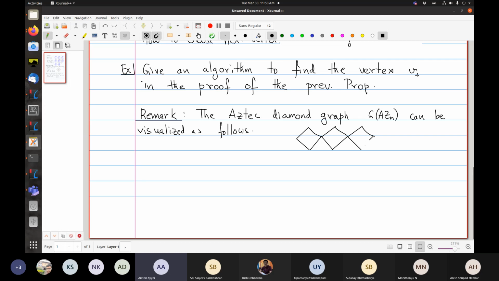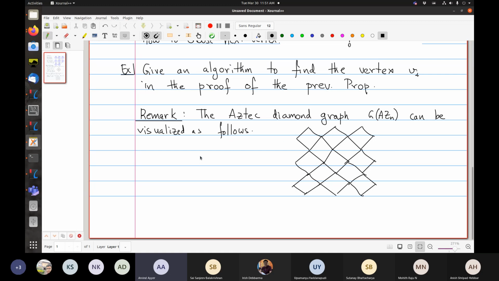Okay, not very good. Try straight lines, but you get the idea. So you draw n of these diamonds in each direction.